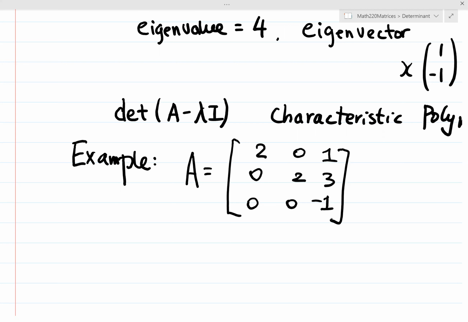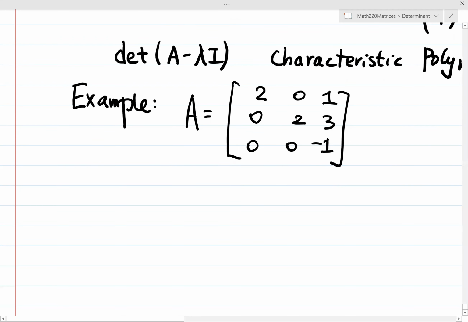The roots are there, but we cannot write them in terms of radicals of the coefficients. So in general, finding roots of polynomials can be hard if the degree is higher. Here degree 3 is reasonable for this example.